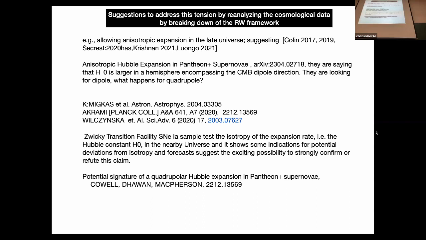In the recent literature, there are some suggestions to address the H0 tension and other tensions by reanalyzing the cosmological data, breaking down the Robertson-Walker framework. There are some papers on it, and actually this was very common in the past.